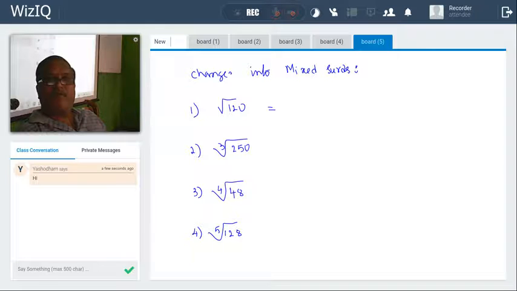Square root of 30. 2 square root of 30. Okay. This one, 5 cube root of 2. Yes, right.